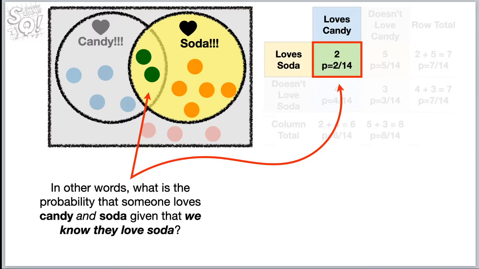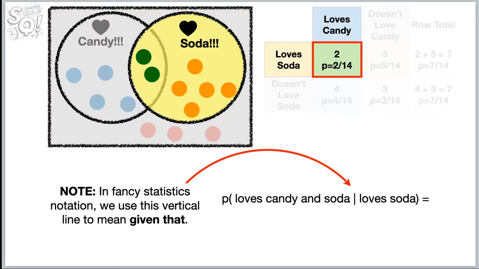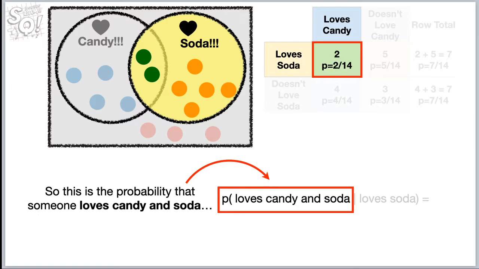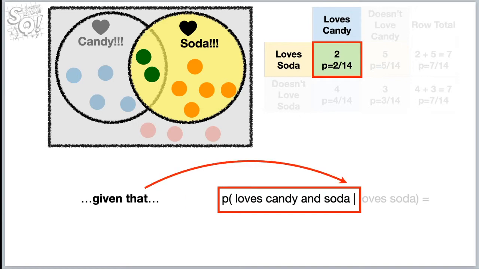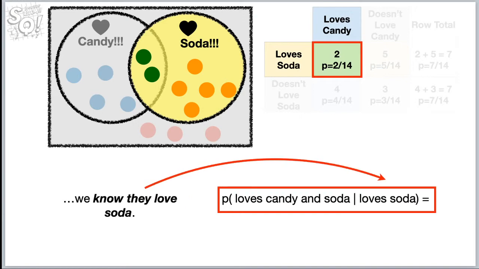In other words, what is the probability that someone loves candy and soda given that we know they love soda? Note, in fancy statistics notation, we use this vertical line to mean given that. So this is the probability that someone loves candy and soda given that we know they love soda.